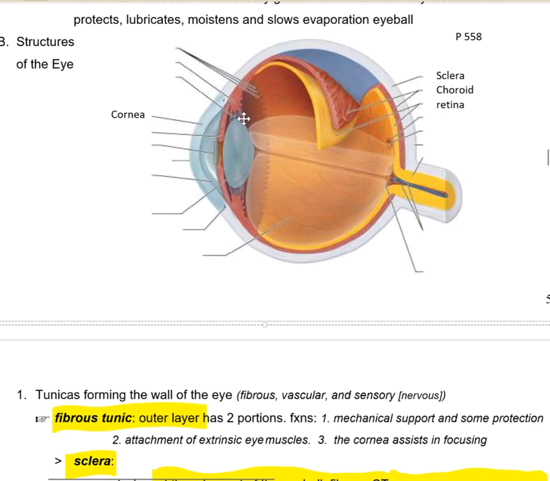And then we have the ciliary body and the iris. The ciliary body is right here, and below it is a thing called the suspensory ligaments.